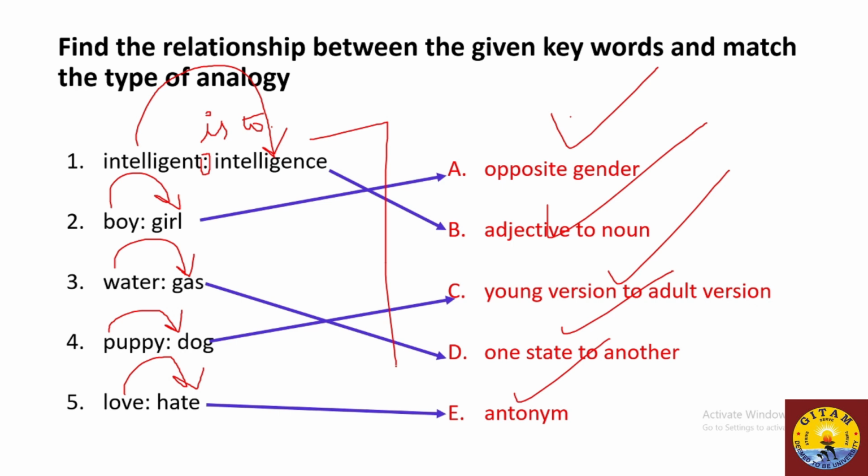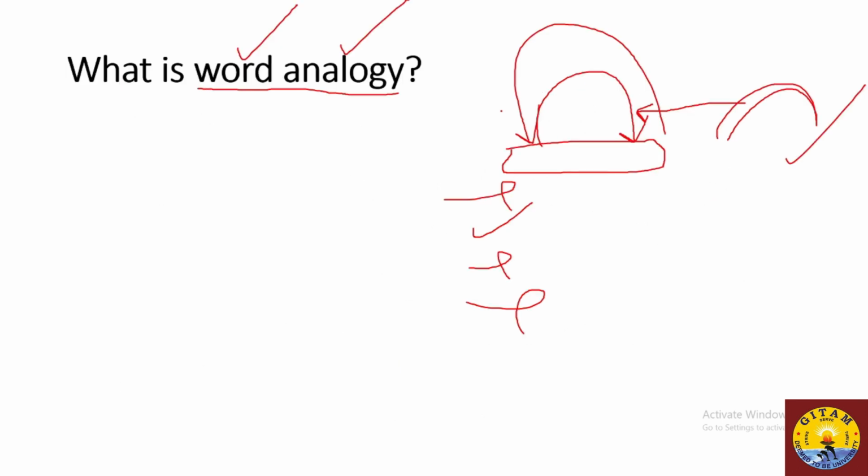So in the further slides, what am I going to do? I'm going to give exposure to various other analogy categories. So what happens in the exam when you see a question, you can ask yourself, what category does this belong to? The moment you know that this question belongs to a certain category, you can answer it easily, right? Now let's move on.